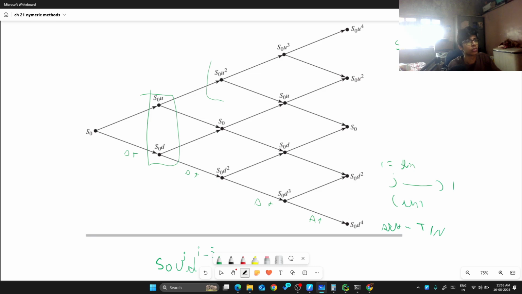S0 u to the power j and d to the power i minus j. Okay, i minus j, and j starts from 0 to i, and i starts from 0 to n, and n is the division, how many nodes you want.